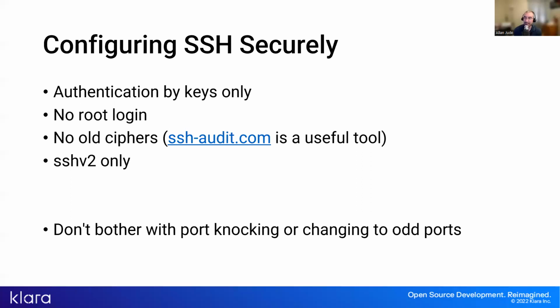Yeah, so like we have here, one of the things you want to do is look at using authentication with keys more than passwords, because passwords have a lot of problems, which we'll talk about later in the talk. And like Michael mentioned, you don't want to allow root login.